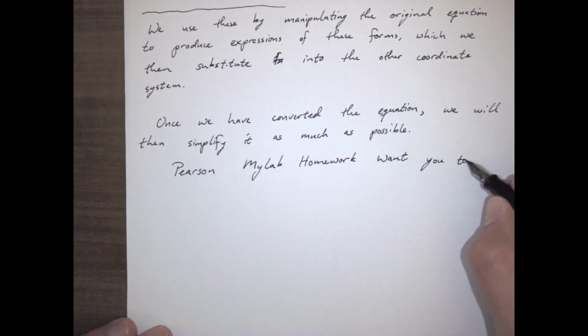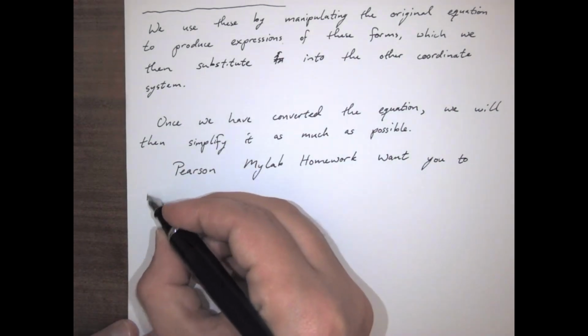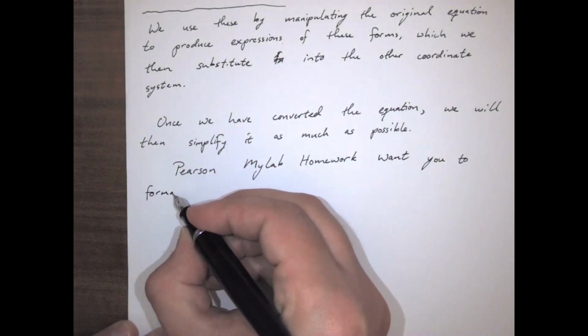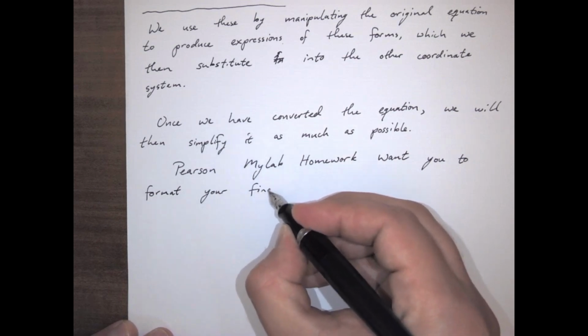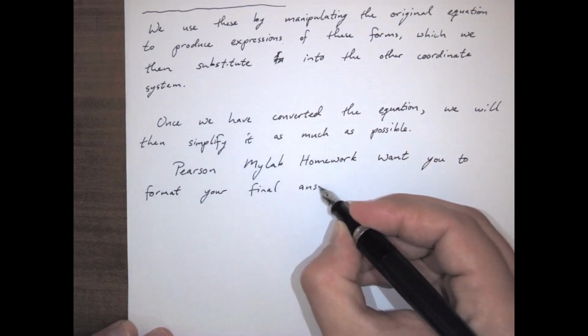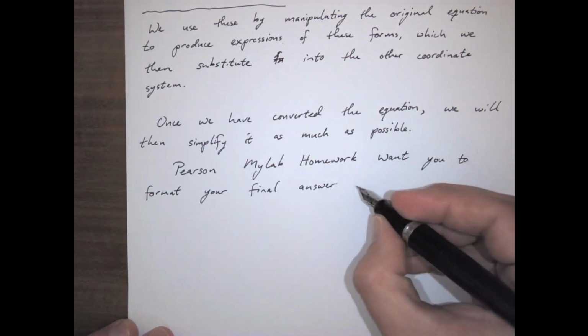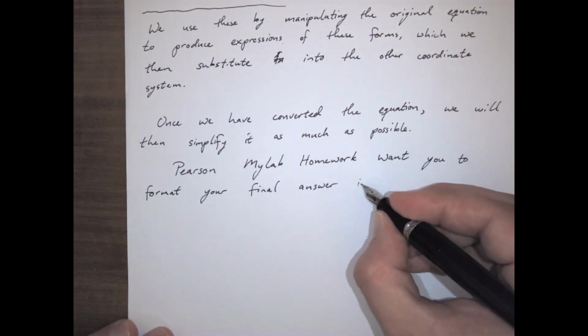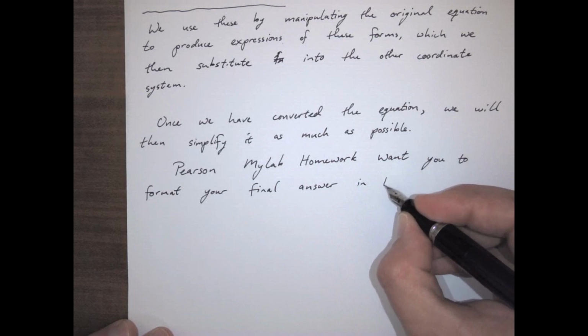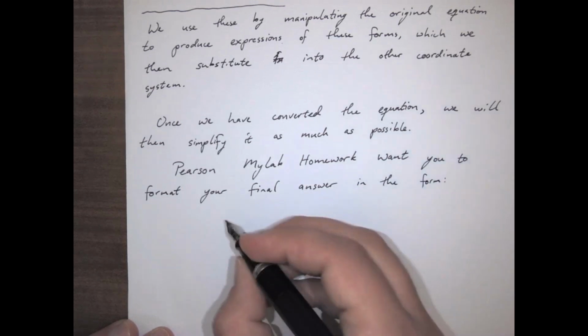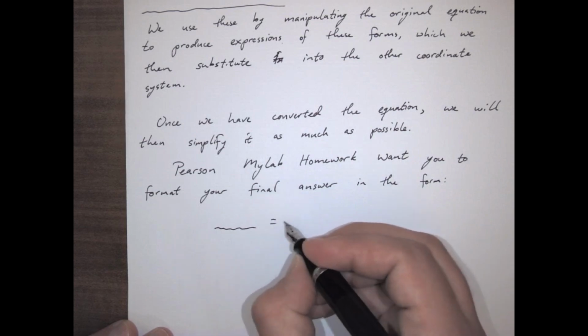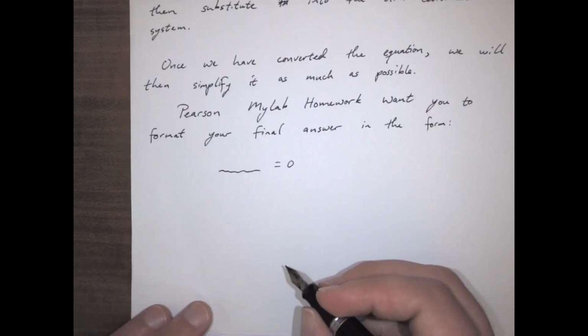Pearson MyLab homework wants you to format your final answer in the form blah blah blah equals 0, or 0 equals blah blah blah.